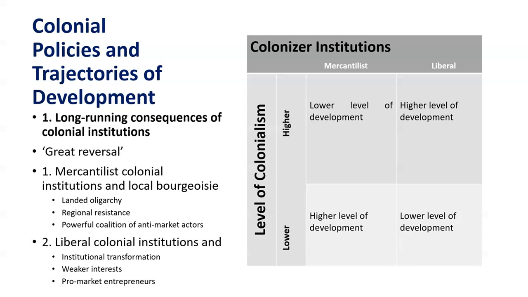Yeah, because mercantilist colonial institutions work within the institutional configuration. So they have some sort of extensive class of land oligarchy that actually pushed back against any kind of economic reform that would affect their monopolistic control over slaves or over the agricultural sector.